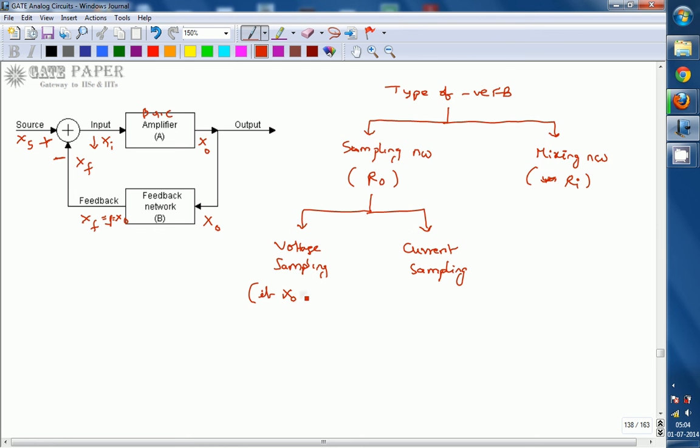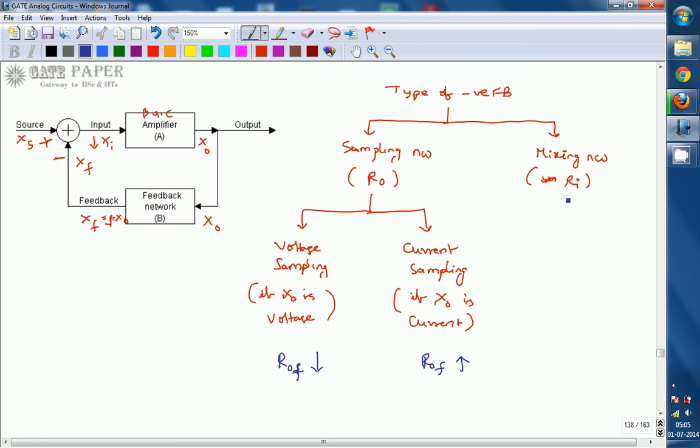If X0 is voltage, it is called voltage sampling, because we are looking at the output node X0. If the output signal is current type, it is called current sampling. Voltage sampling reduces the output impedance with feedback, that is R0F, the output impedance with feedback. It reduces for voltage sampling, whereas it increases for current sampling.